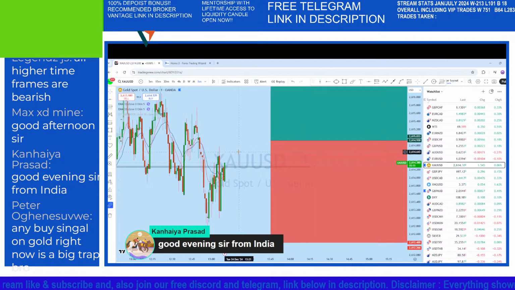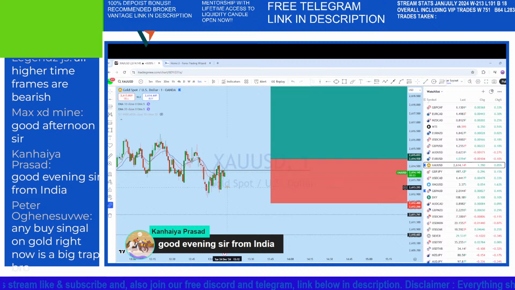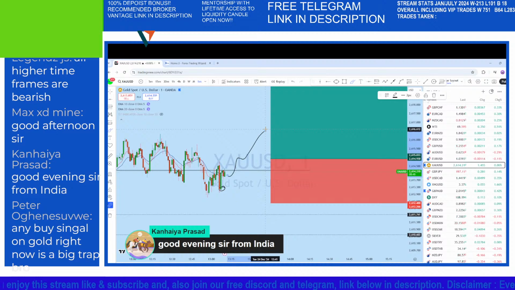Okay, so now it forms a structure. If that's a reversal pattern here, that could be a good move to the upside here.